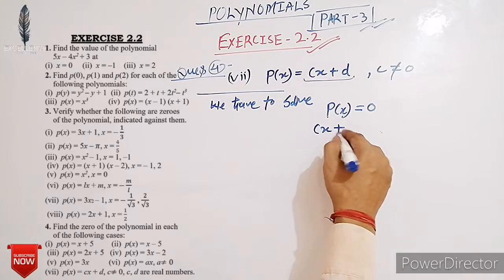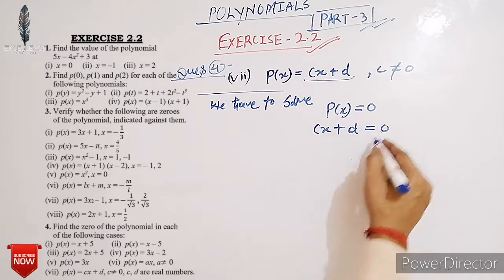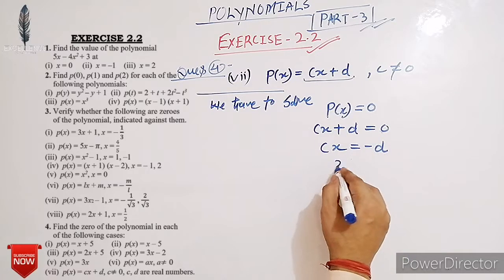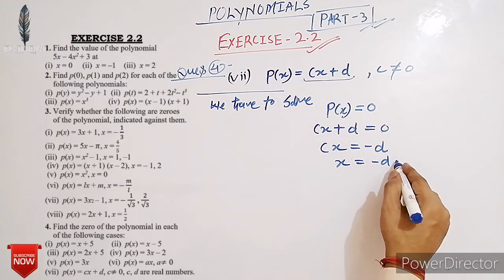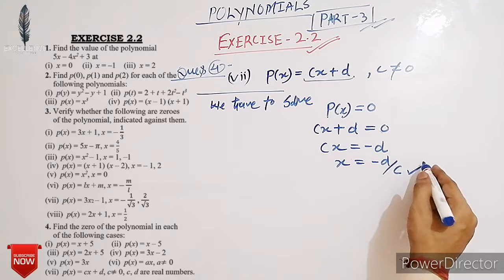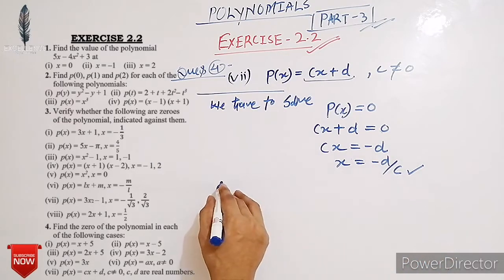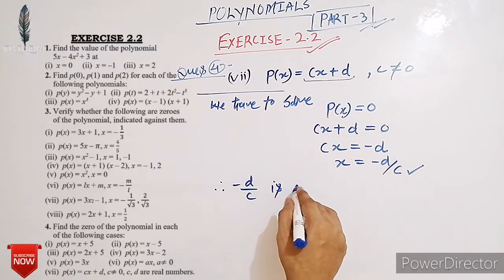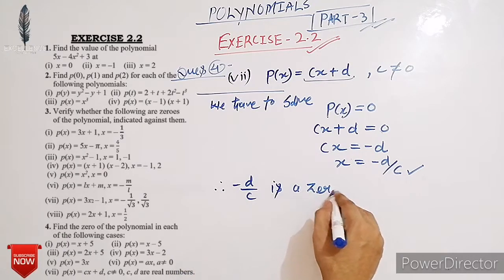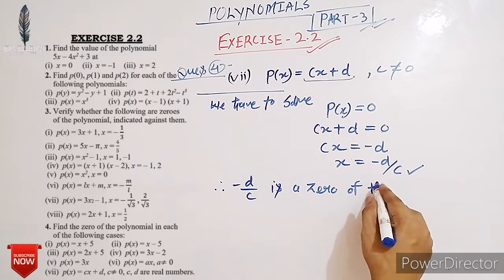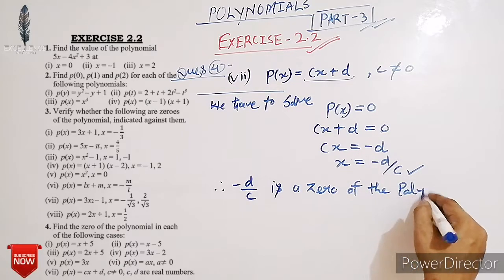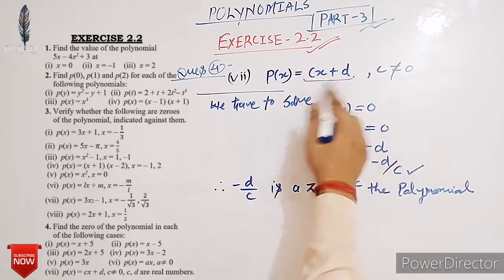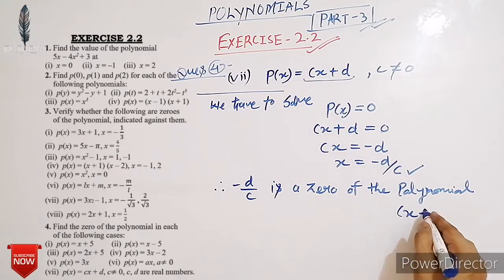So cx plus d is equals to 0. Here cx is equals to minus d. So x is equals to minus d upon c. So here minus d upon c is a 0 of the polynomial cx plus d.